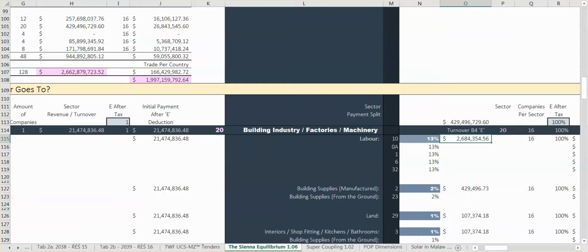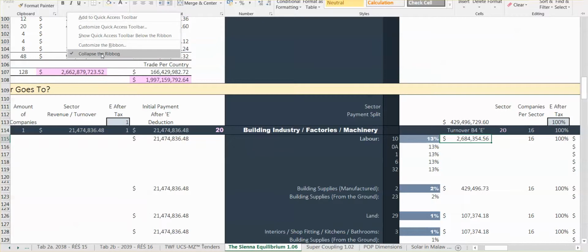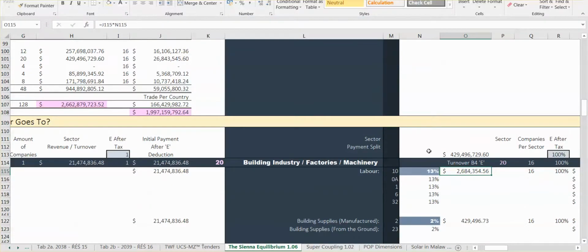Actually, we're going to have to do a little bit of working out here. What is this? It is, okay, so it's one individual company's income, and I've then divided it by 13% to show how much of that individual company income in a year, the tender income, not the extra income from making extra sales.